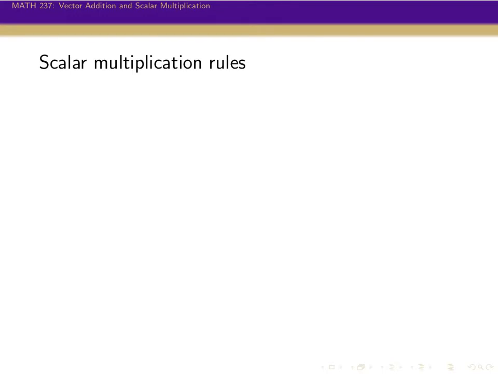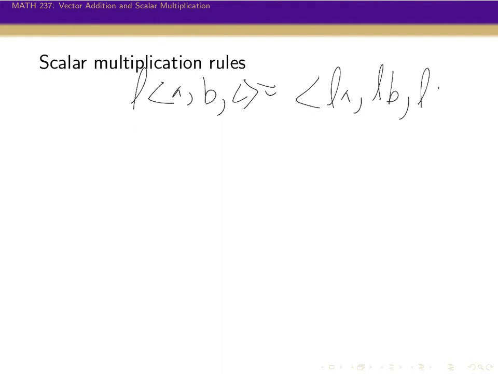Okay, so scalar multiplication rules. So remember, for R2 or R3, the idea with scalar multiplication is L times A, B, C is equal to LA, LB, LC. So we call this scalar multiplication.